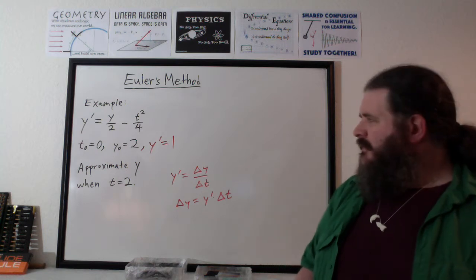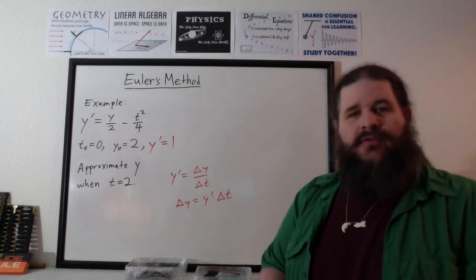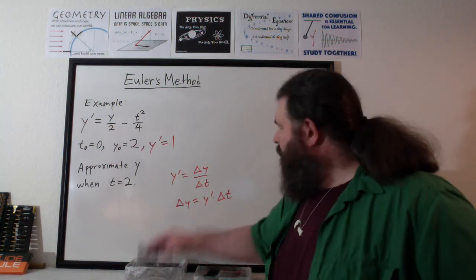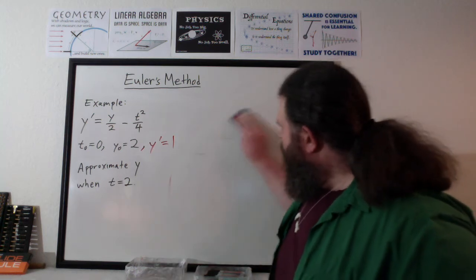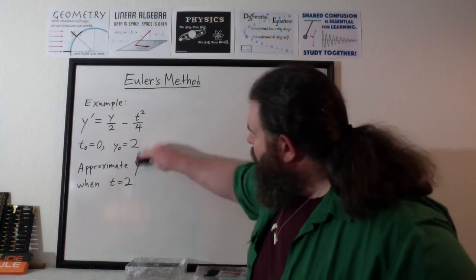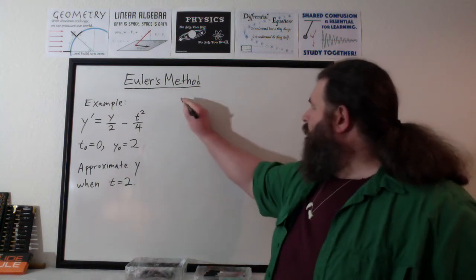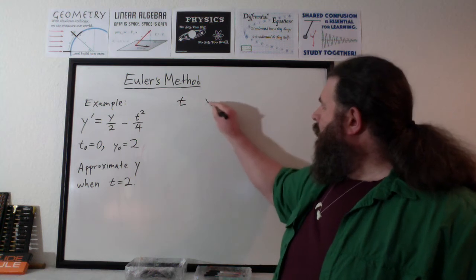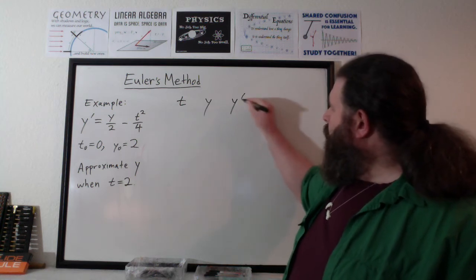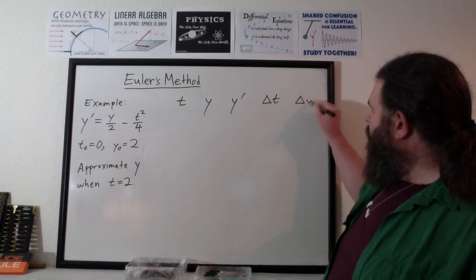And of course, this is a lot of data to keep track of, a lot of information. So it's often useful to organize this into a data table. Let's try drawing out a data table, essentially a spreadsheet by hand, to keep track of all this information. We'll want to keep track of values of t, y, y prime, delta t, and also delta y.